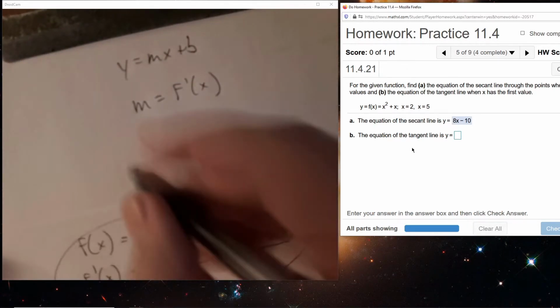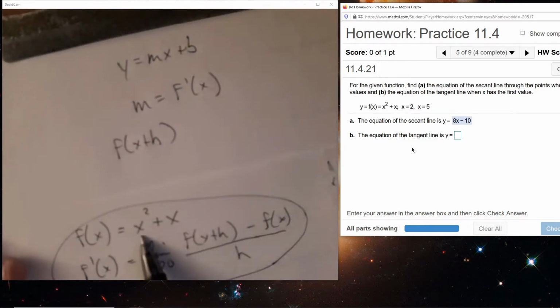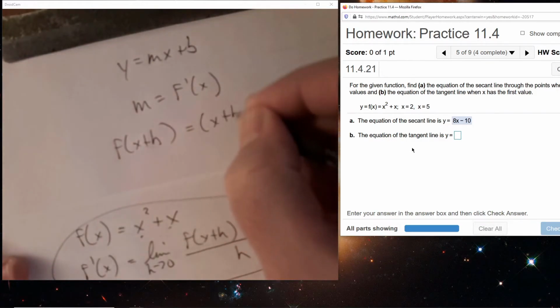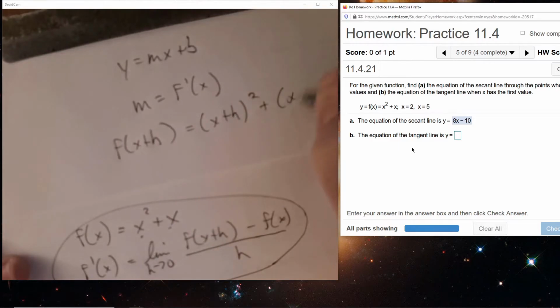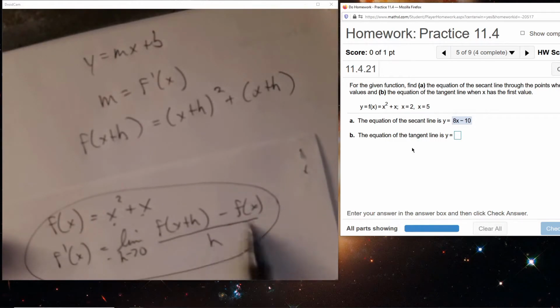So the first thing we're going to need is f of x plus h. And again, here's the function right here. So we're just going to plug x plus h into that. And now I'll take all our information and plug it into the definition of the derivative.